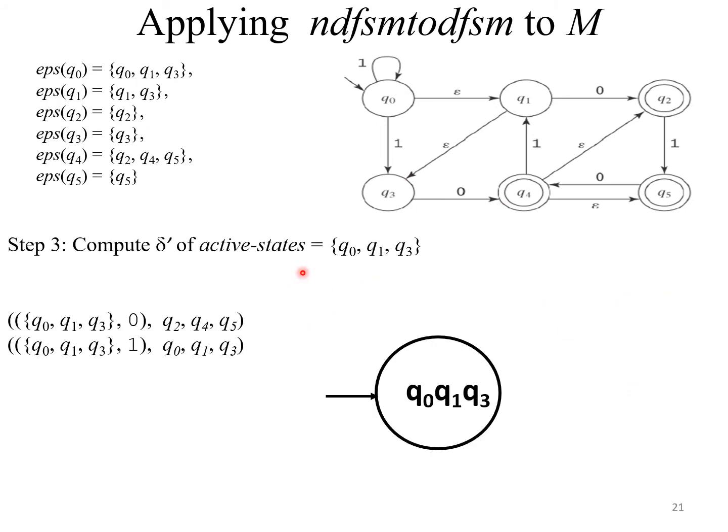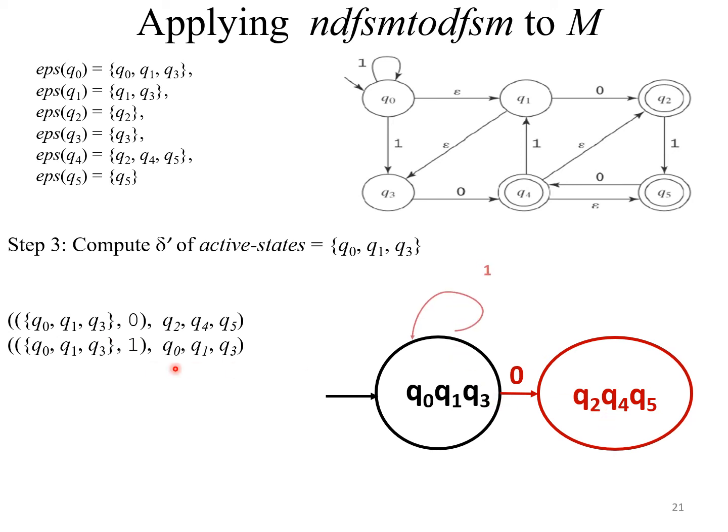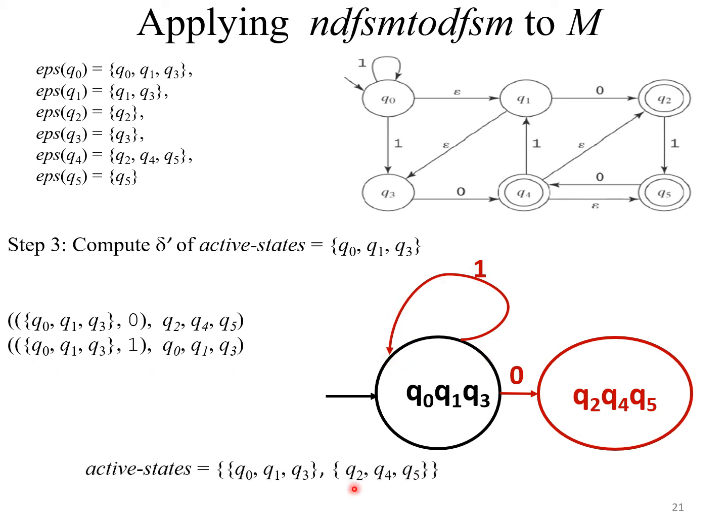So once the delta transitions are computed for the state Q0, Q1, Q3, on 0 it goes to a new state Q2, Q4, Q5 and on 1 it goes into a self loop. By now we have come across two active states, Q0, Q1, Q3 and Q2, Q4, Q5.